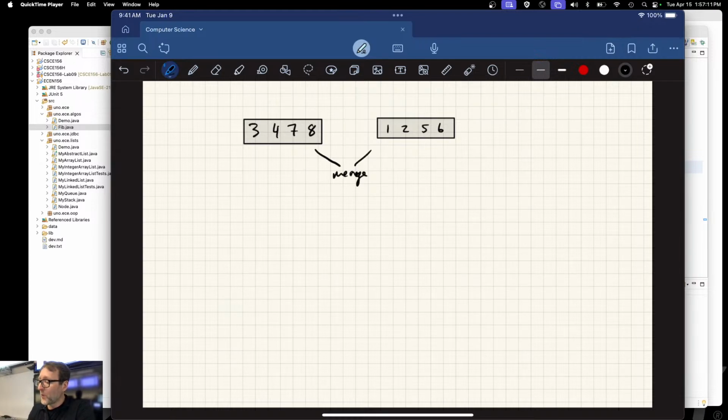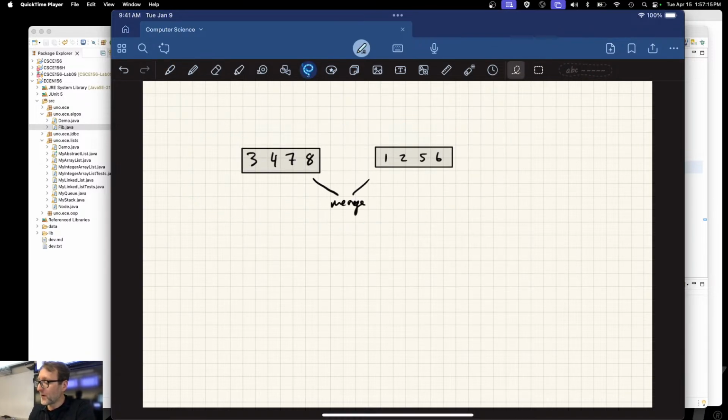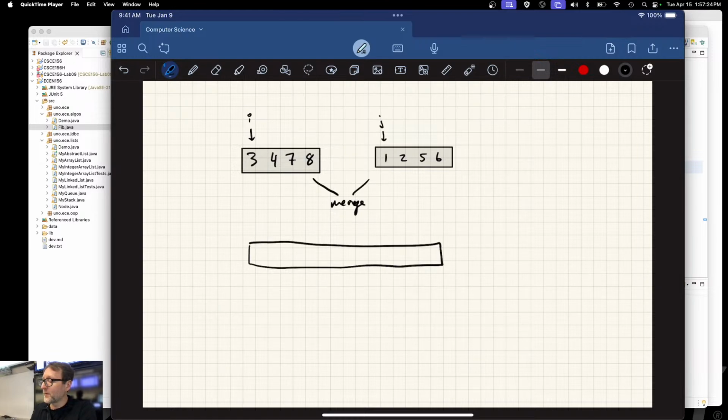Right? The way that I'm going to do that, let me give myself some more room by moving this down. I'm going to keep track of two index values here, i and j, and then actually a third index value, right, called k. Now, what is the process for merging these together? I'm going to look at the value.